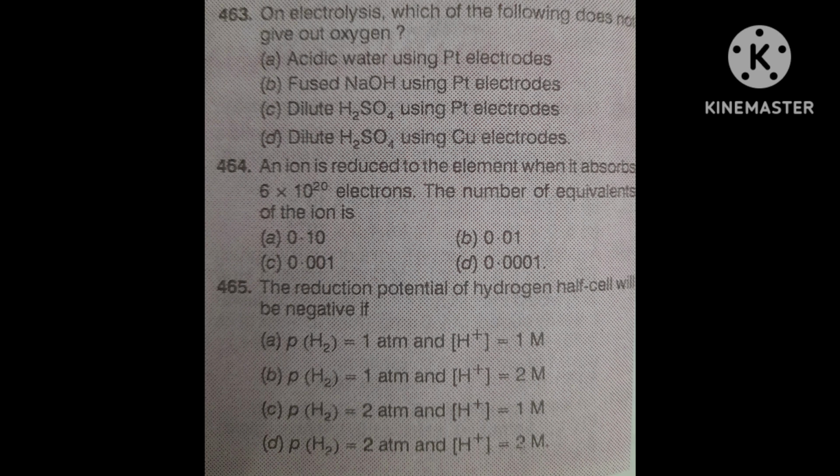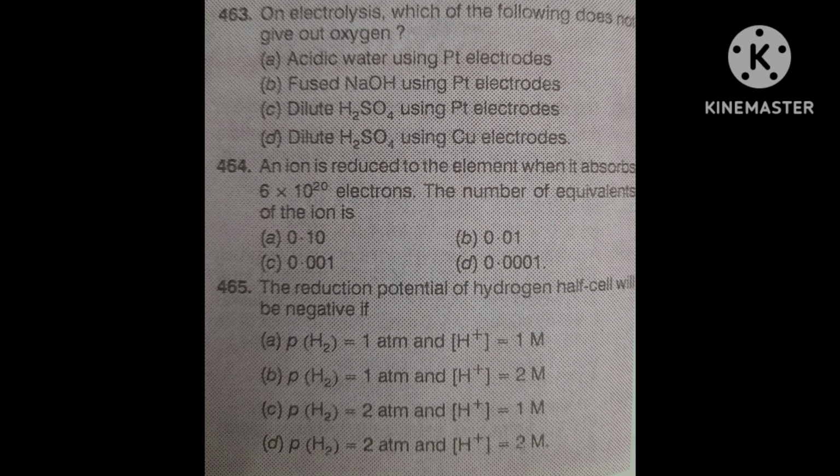Means all three with platinum electrodes will give oxygen. Copper will not give oxygen. Hence the correct option is D. The first three, acidic water using platinum electrode, fused NaOH using platinum electrode, and dilute H2SO4 using platinum electrode, will give out oxygen, but dilute H2SO4 using copper electrode will not give oxygen.